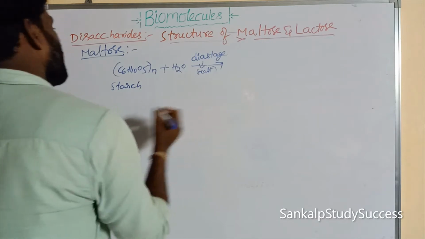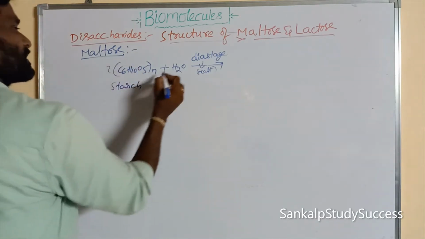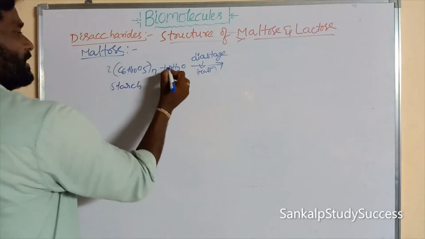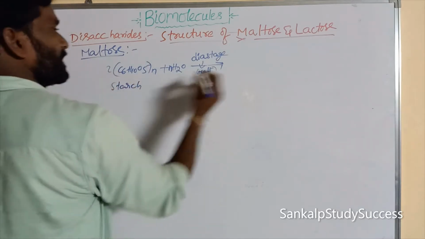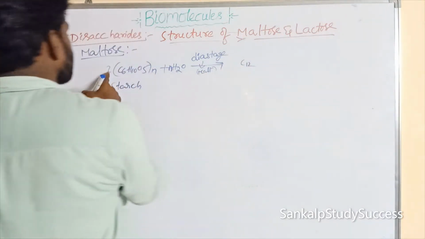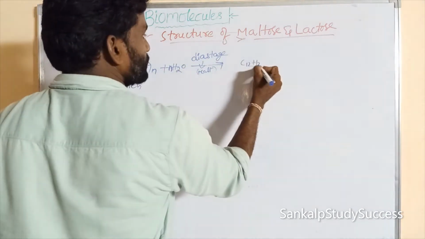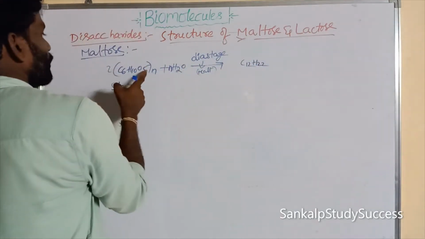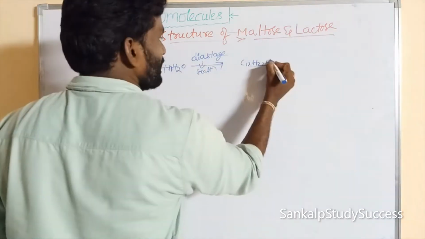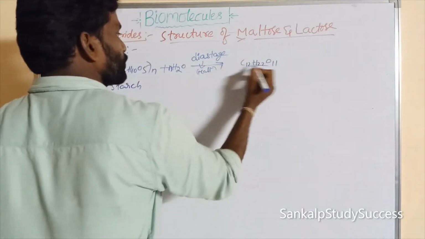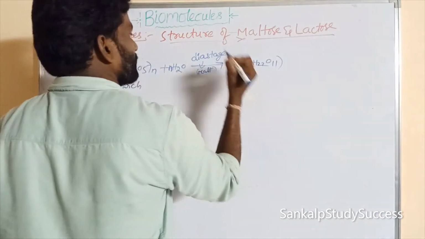Here two molecules can be taken, with n H2O. So 2 sixes are 12 carbons, C12. 2 tens are 20 plus 2, 22, H22. 2 fives are 10 plus 1, 11, O11.